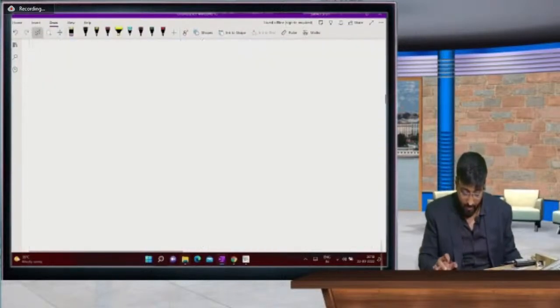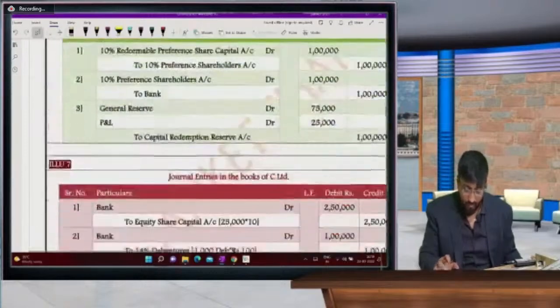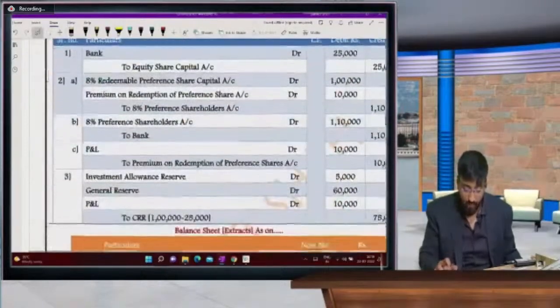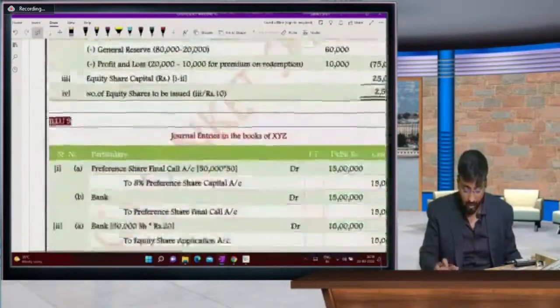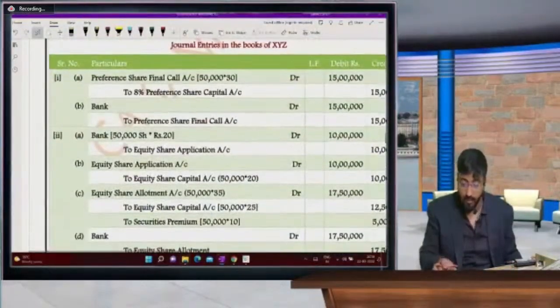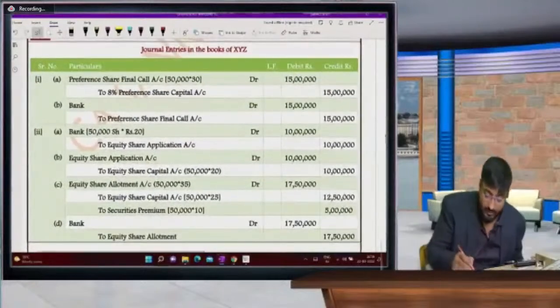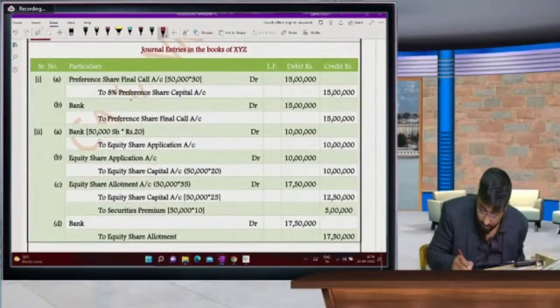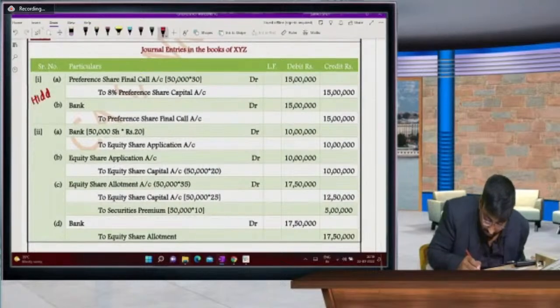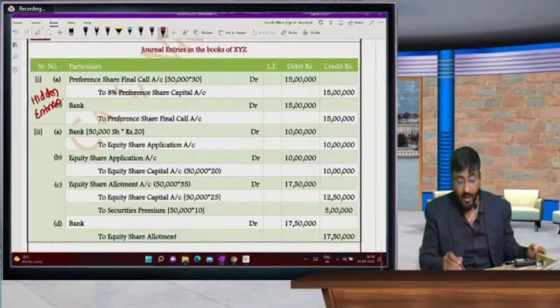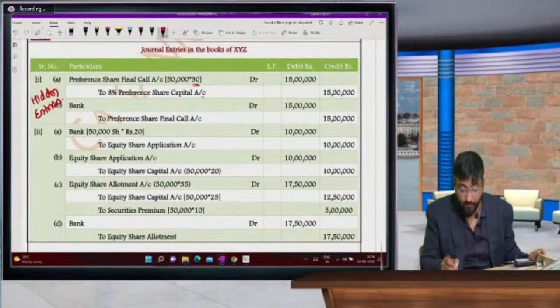Nine number entries. Yes, you can take a screenshot afterwards. Preference share final call. This is a hidden entry, beta. This is hidden entries. So A and B. Final call of rupees 30 is hidden to preference share capital.